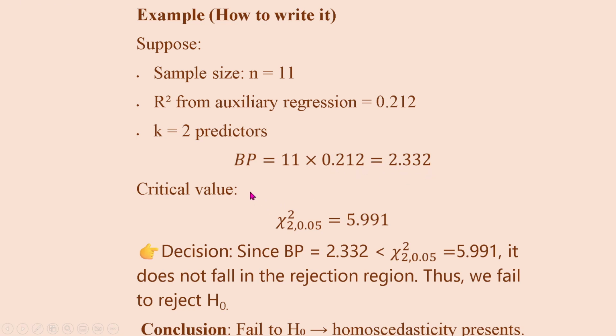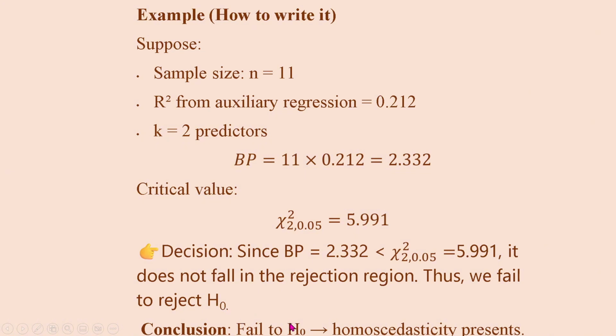The critical value of the chi-squared distribution with 2 degrees of freedom at the 5% significance level is 5.991. Since the BP value 2.332 is less than the chi-squared critical value of 5.991, it does not fall in the rejection region. Thus, we fail to reject H-null.